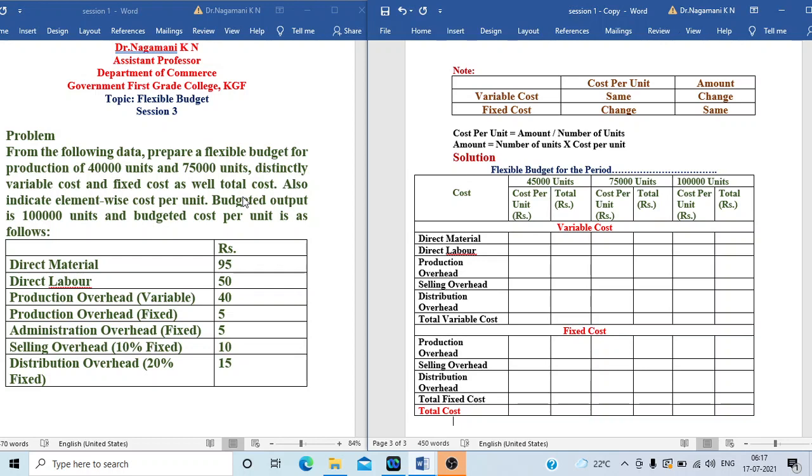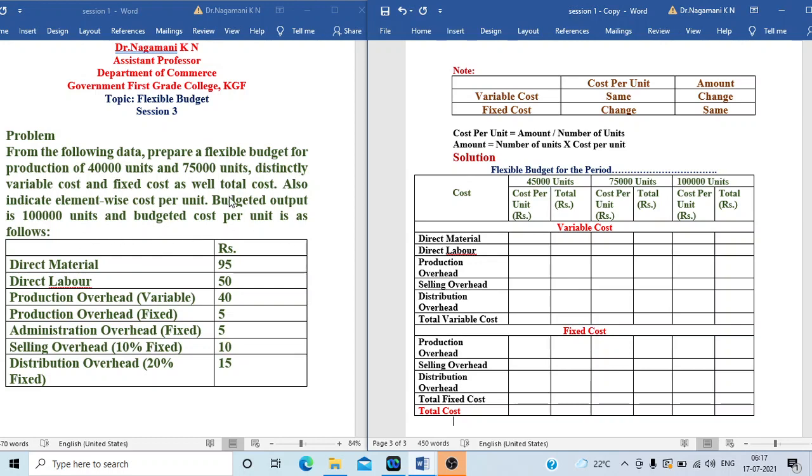Now this is the third format we are doing. Also indicate element wise cost per unit, means cost per unit we have to show for 40,000 and 75,000 separately. Then budgeted output is 1 lakh units and budgeted cost per unit is as follows.